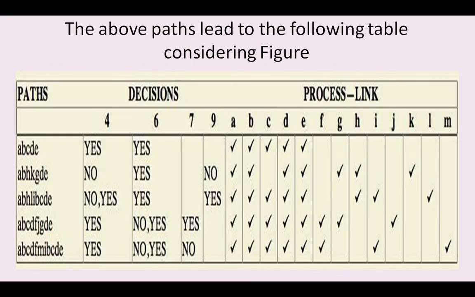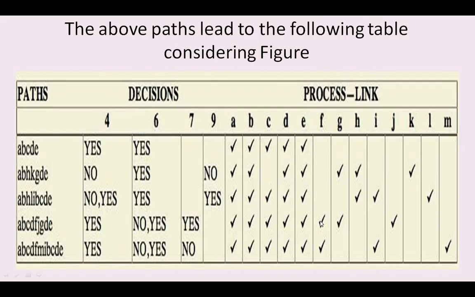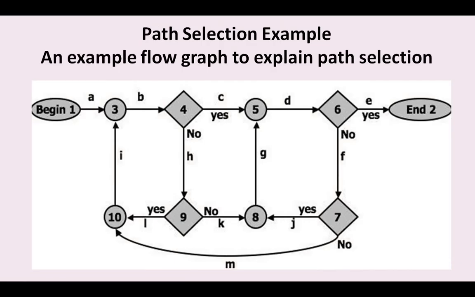Once again, we see A, B, C, D, F, I, B, C, D, E. Sorry, M, A, B, C, D, M is there. A, B, C, D, F, M, I, B, C, D, E.